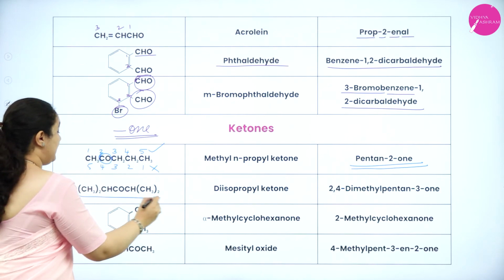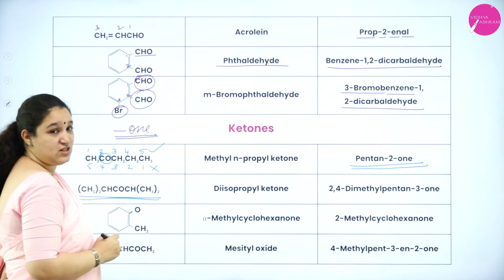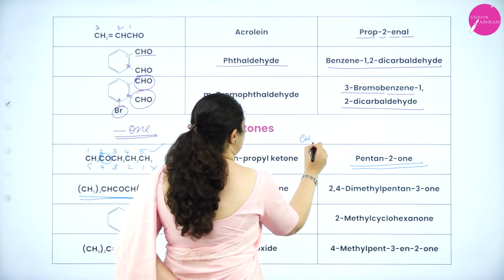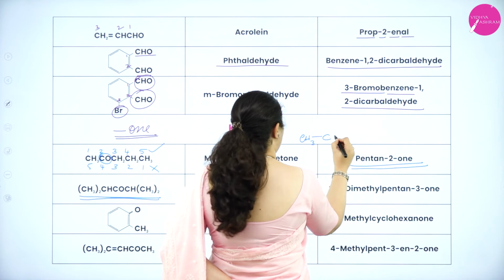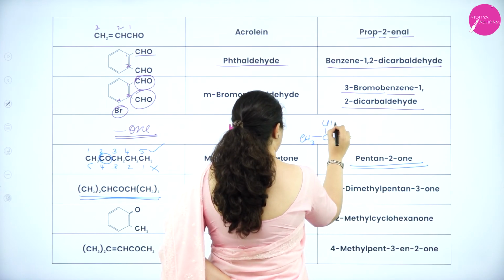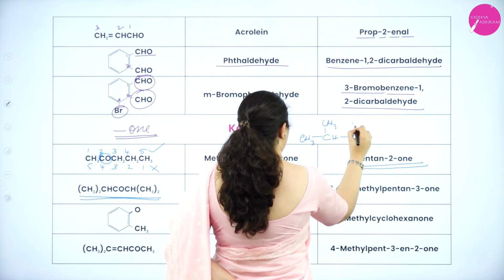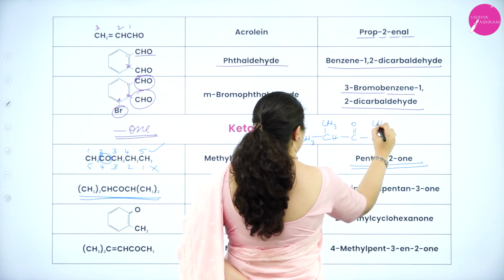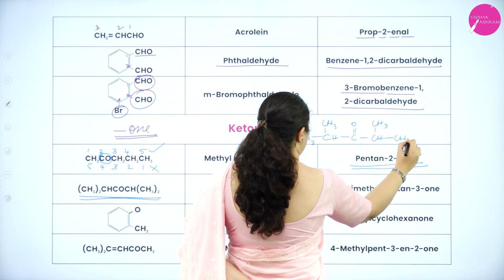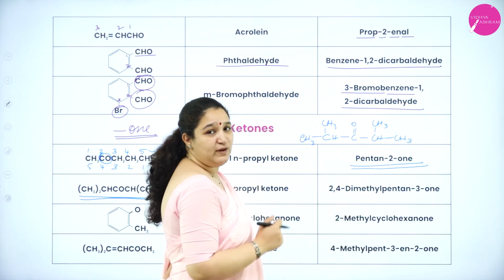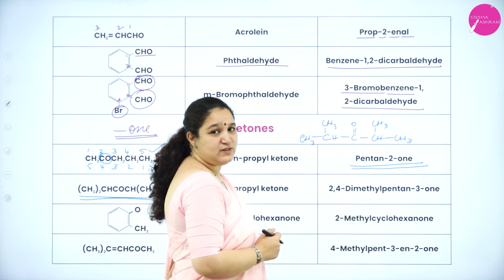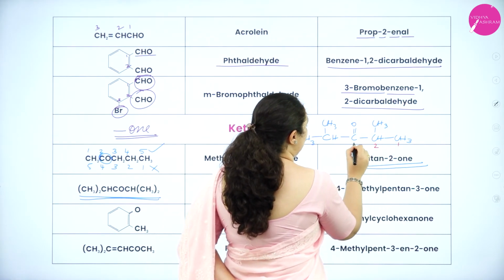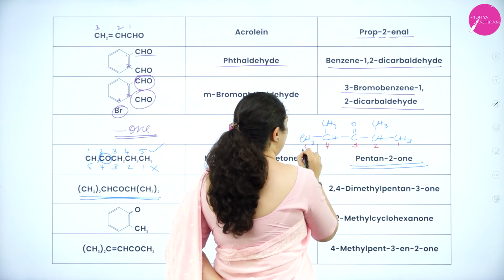Similarly, this one particular, I shall write the structure here for y'all. It is CH3, CH, CH3, C double bond O. Then you have CH, CH3, CH3. Now, how will you write the name of this compound? First, we will number 1, 2, 3, 4, 5.